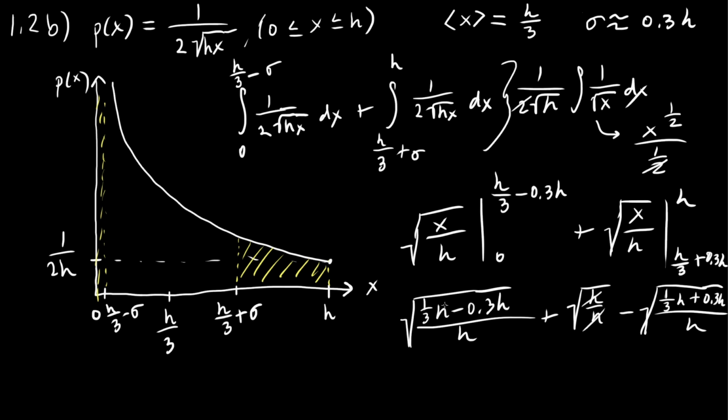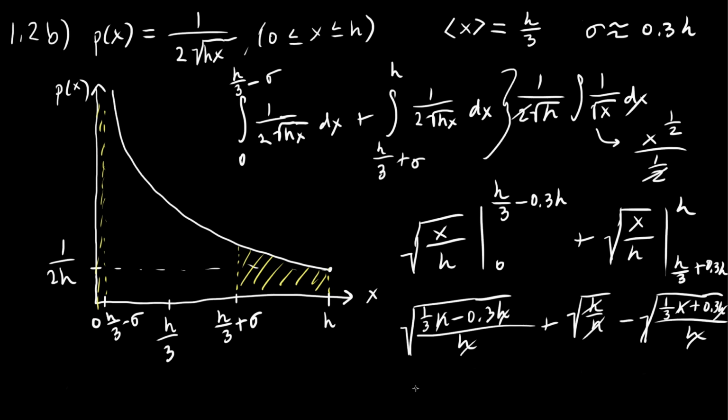So these h's will cancel, and we end up having no h's. And then now we could continue computing. We can assume that 1 over 3 is around 0.3 repeating, so this will be 0.03 repeating, and this will be square root of 1, so it's just 1, minus, we'll also assume 1 over 3 is around 0.3 repeating, and this will be 0.63 repeating.